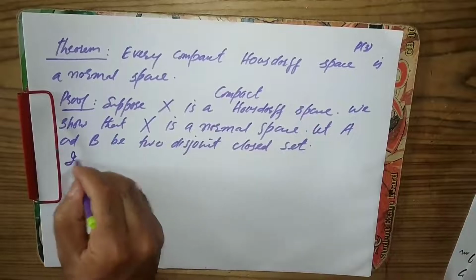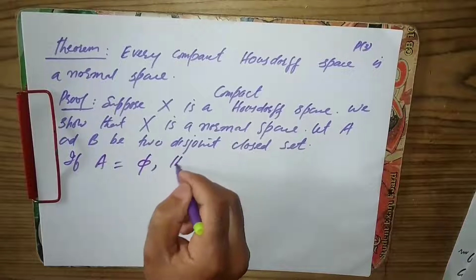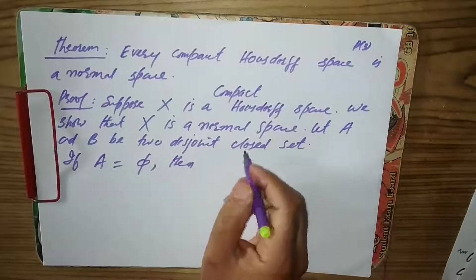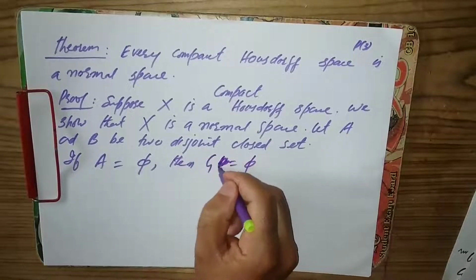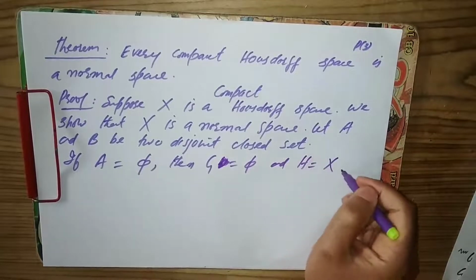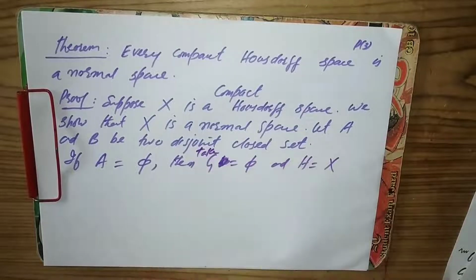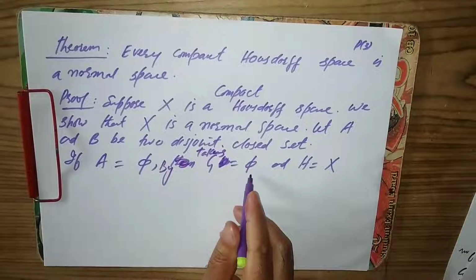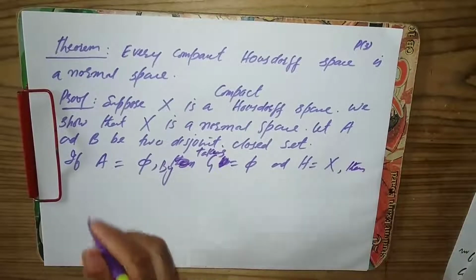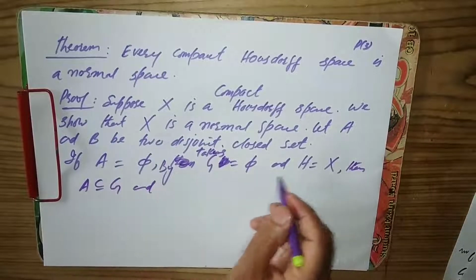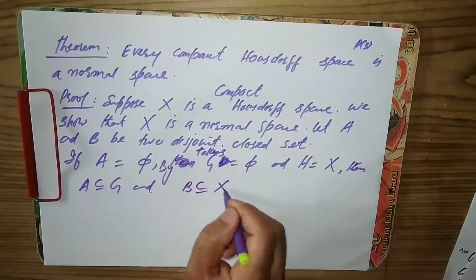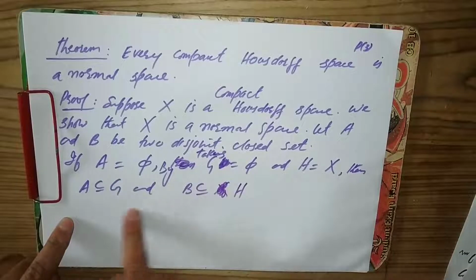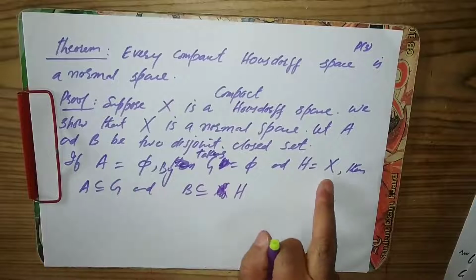In case A is the empty set, we choose open sets G equal to the empty set and H equal to the whole space X. Then A is a subset of G, and B is a subset of H equal to X. Therefore, in that case, A and B can be separated by disjoint open sets, because G and H are disjoint open sets: G is the empty set, H is X, so their intersection is the empty set.